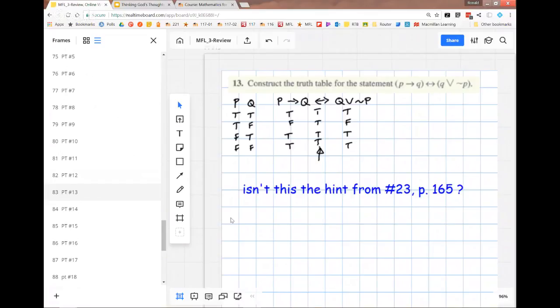For the if then, the only statement that's false is when the first one's true and the second one's false. For the Q or not P, it's an or, so I use the rule only false when both are false. And for the last thing, the if and only if, they're only true when they're alike. Maybe something like that. It doesn't have to be that way. I'm just trying to give you a sample.